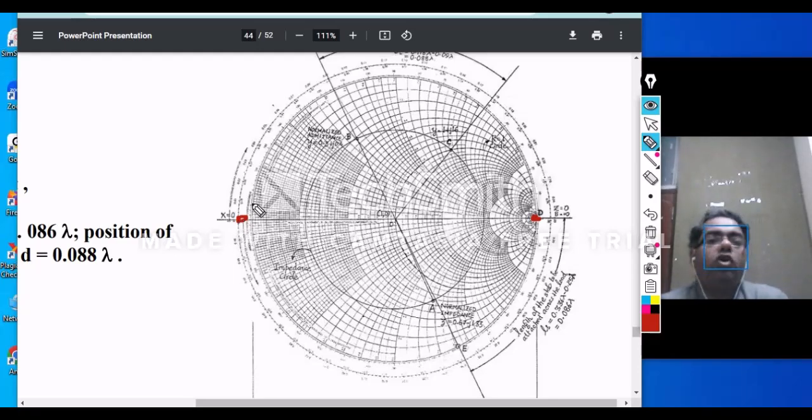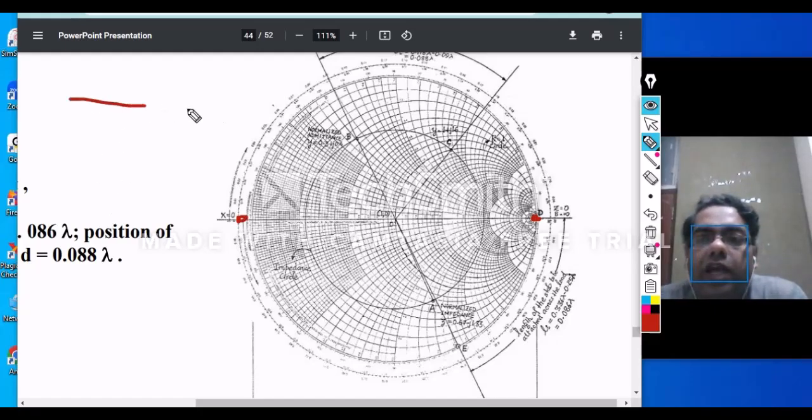But when we talk of an admittance chart, it is reversed. That means this point becomes the short and this becomes open. So we have to find out the length of the stub.